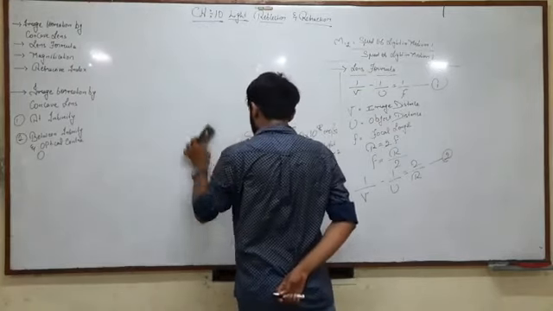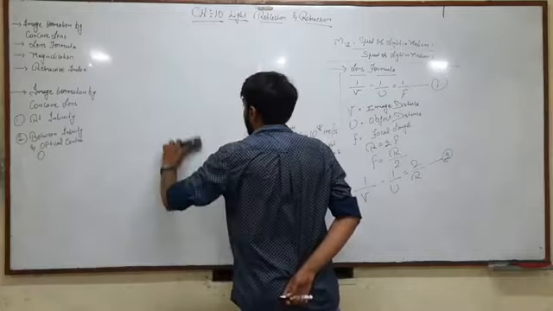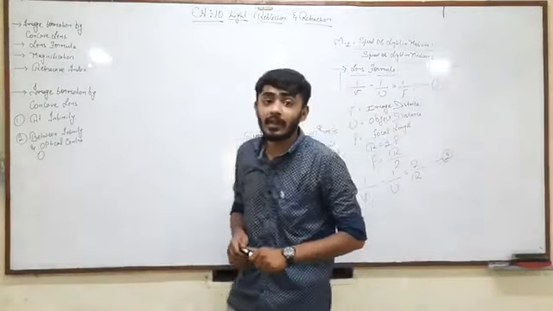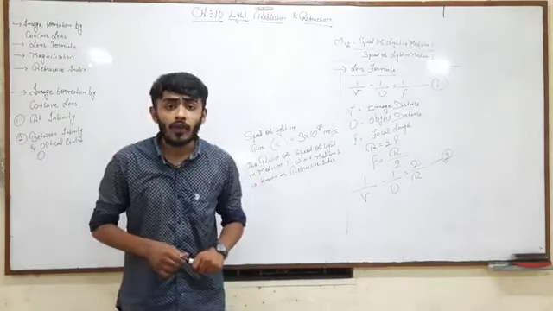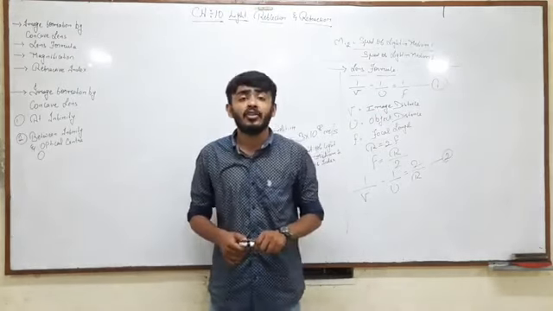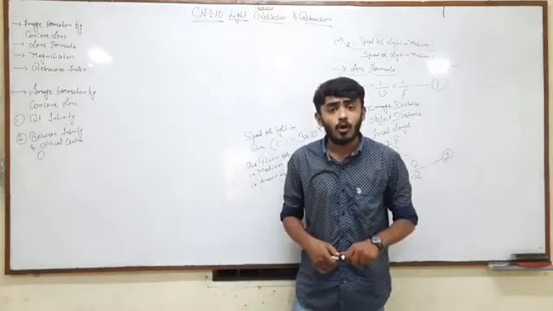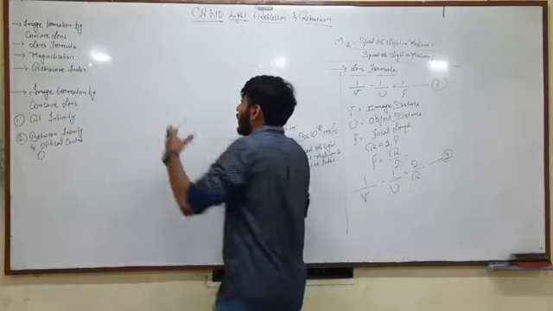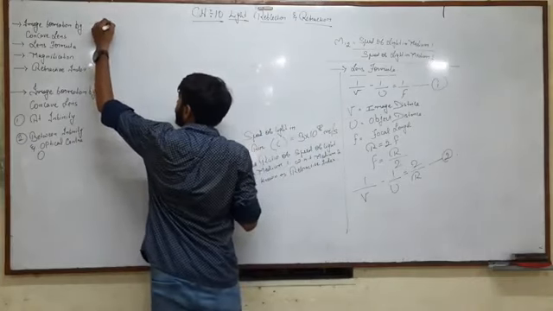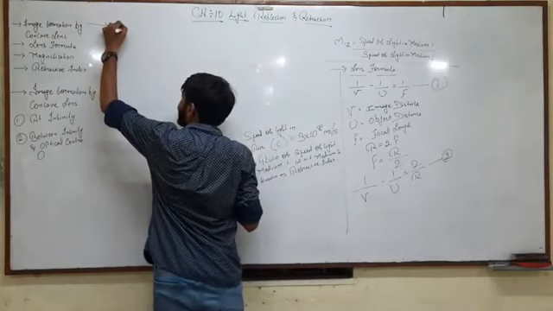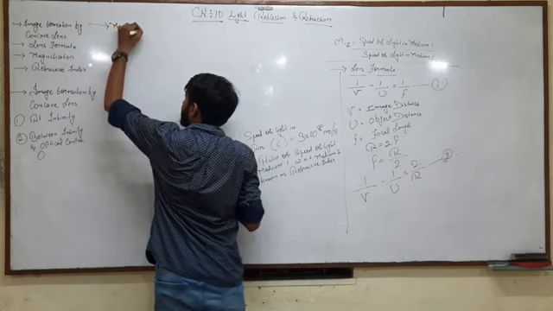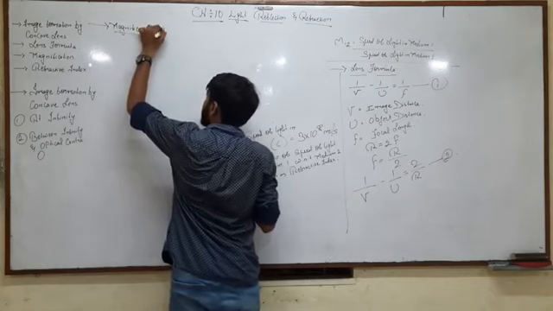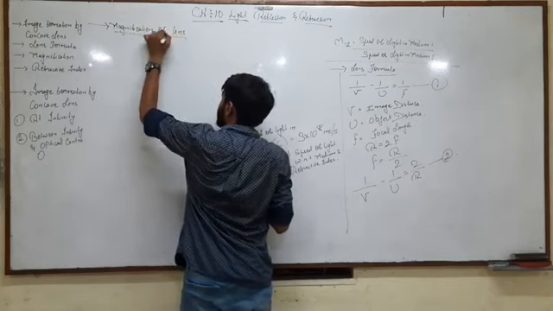As I told you students, for a mirror, the ratio of the height of an image to the height of an object was said to be the magnification. The same thing is followed by the lens, but the formula will be different on one side. So the topic's name is magnification of lens.